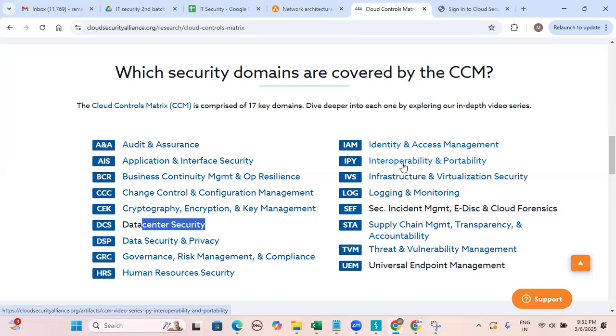Interoperability and portability. Interoperability and portability means, between one cloud service provider and another cloud service provider, is there any compatibility issue? For example, a couple of applications are multi-cloud applications under the shared responsibility model. In that scenario, a couple of applications are deployed in Amazon and a couple in Azure in my organization.